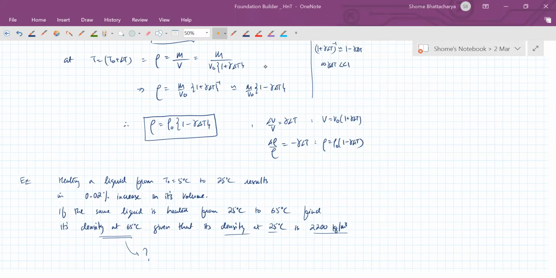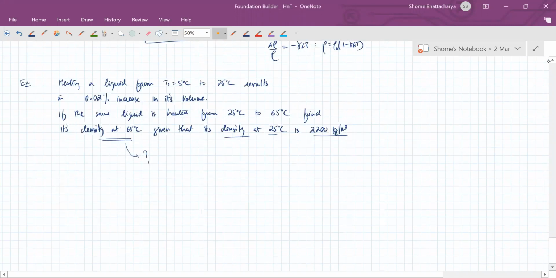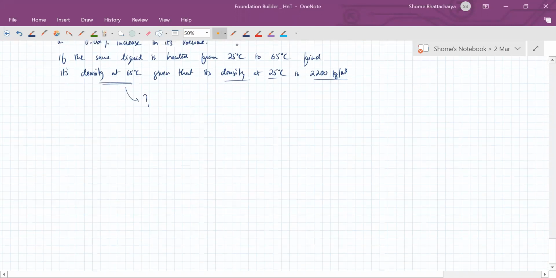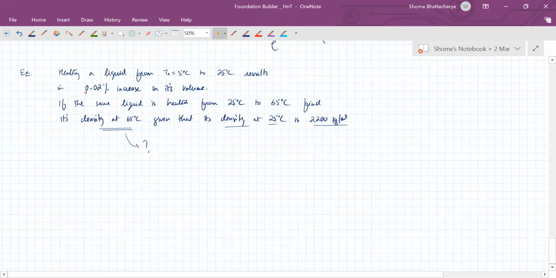Okay, nobody's got the answer for this yet. Please try to work this out. So see, this is a bit of an indirect question. What we have to do here is, from the information given, calculate the coefficient of volume expansion of the liquid. From this range, the volume is increasing by this much percentage.